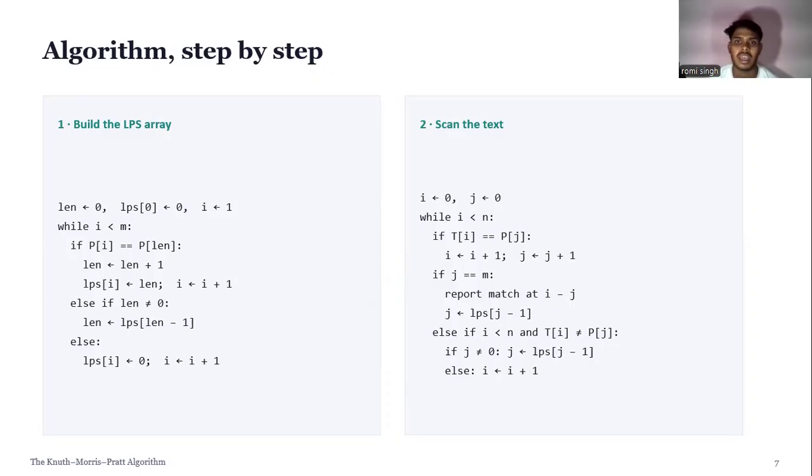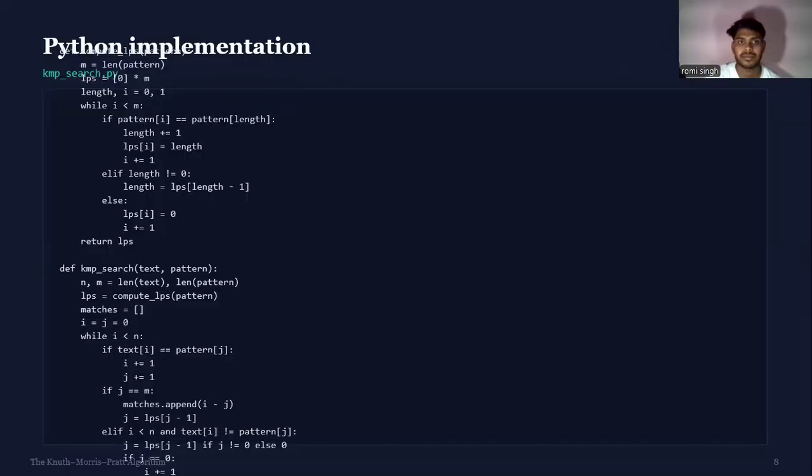The next one, scan the text. i equals 0, j equals 0, while i is less than n. If P[i] equals P[j], i becomes i plus 1 and j becomes j plus 1. It means it will move forward. And here in the algorithm, you can see there is no backtracking ever mentioned.